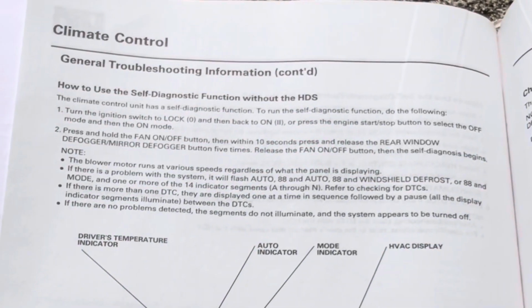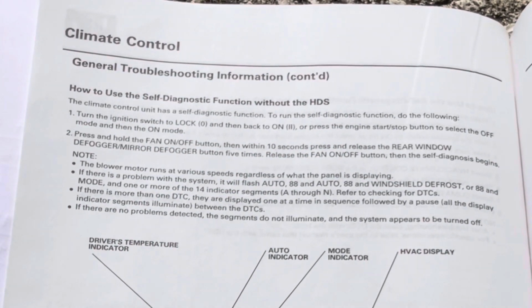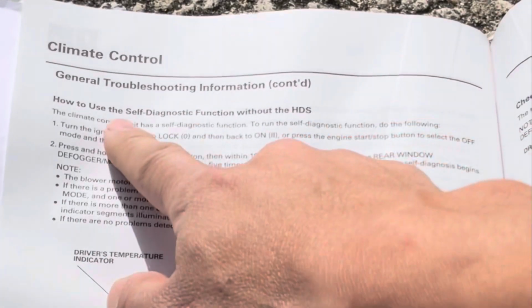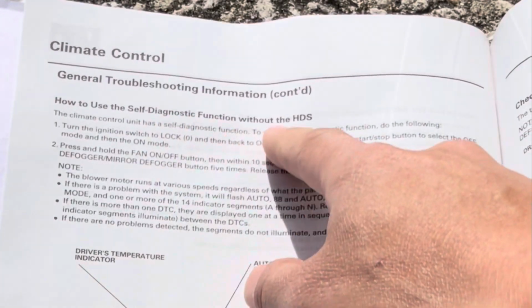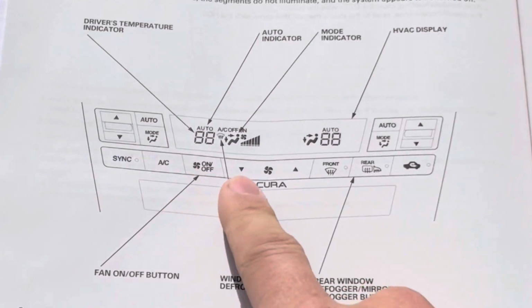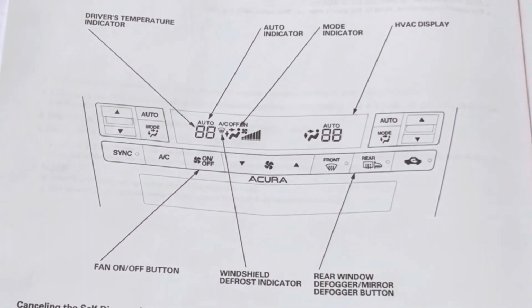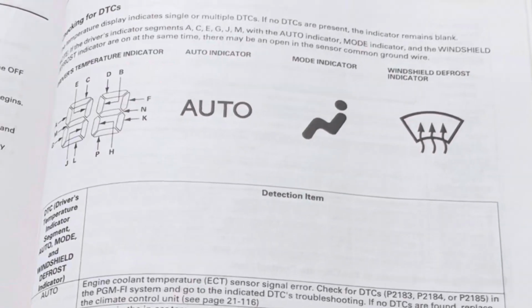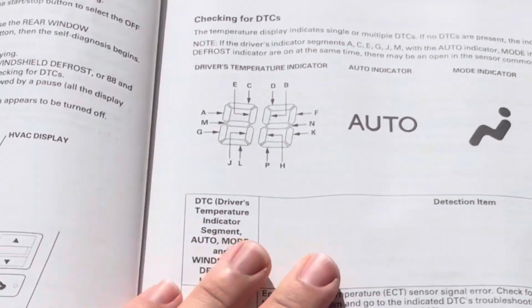Okay, so what we just did was this diagnostic sequence right here. So, troubleshooting: use self-diagnostic function without the HDS system. We just did that, and here are the error codes over here for the results.